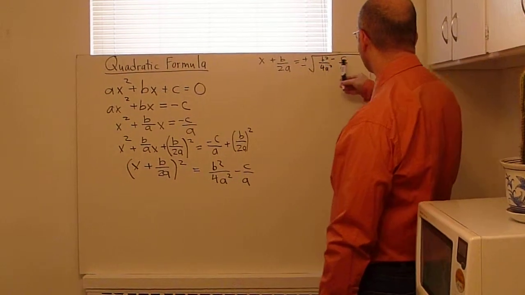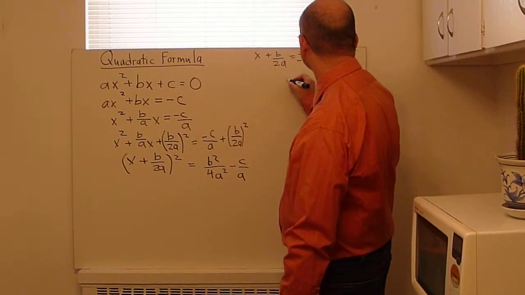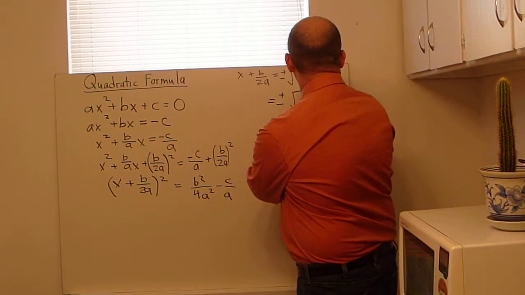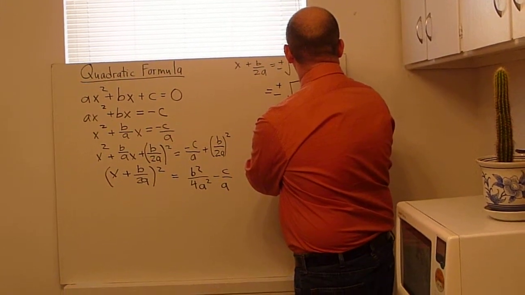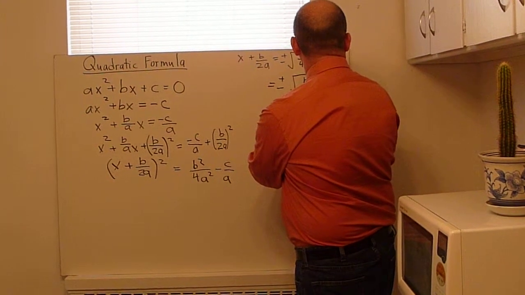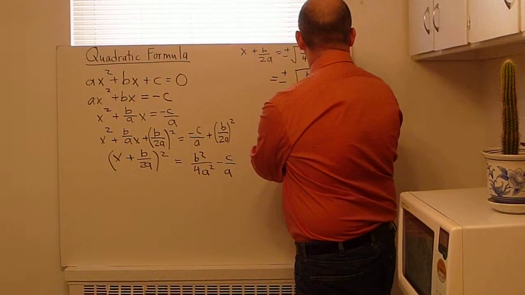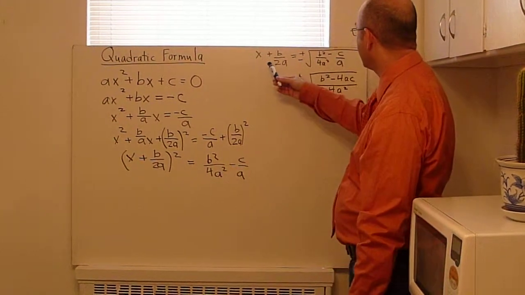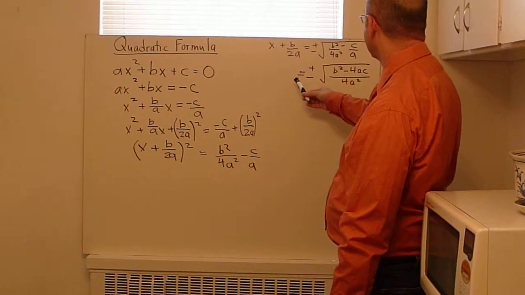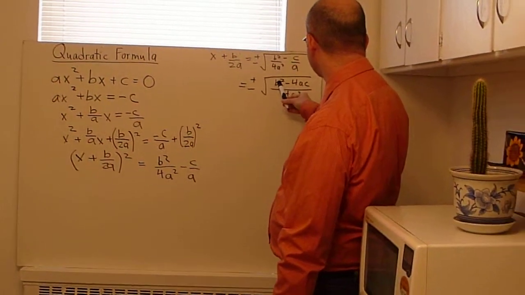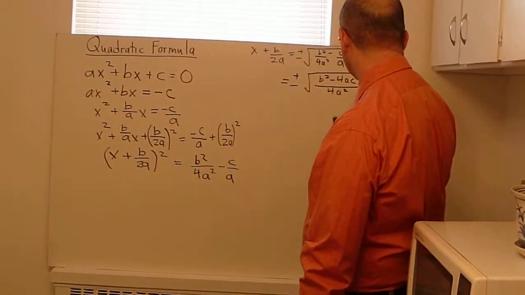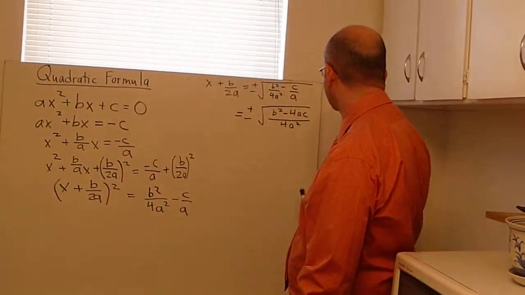Okay, now let's combine this a little bit. Okay, so we have x plus b over 2a equals plus or minus the square root of b squared minus 4ac over 4a squared. Now the next thing we want to do is pull this out of the root.